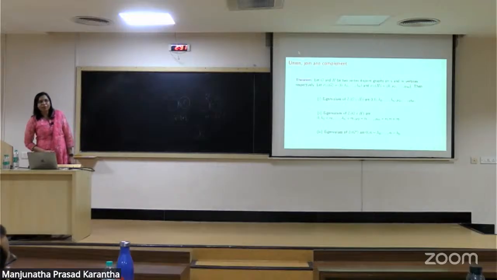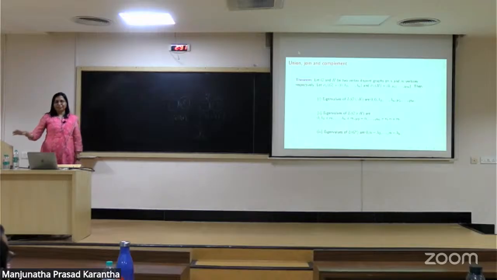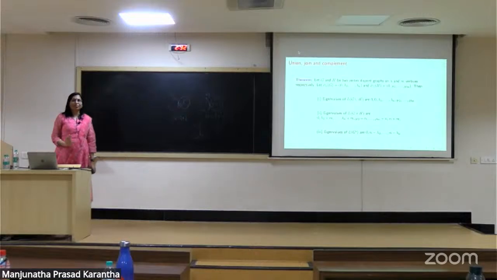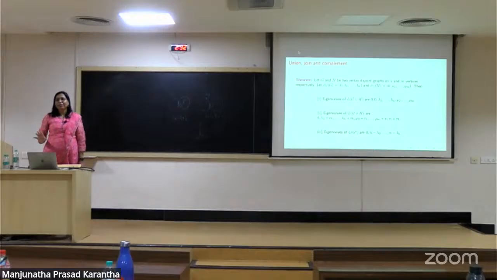Now, what you were asking about integral eigenvalue graphs, graphs with integer eigenvalues, are known as integral graphs. Adjacency eigenvalues are all integers. And we also observed that those graphs do not come frequently if we consider the adjacency spectrum.